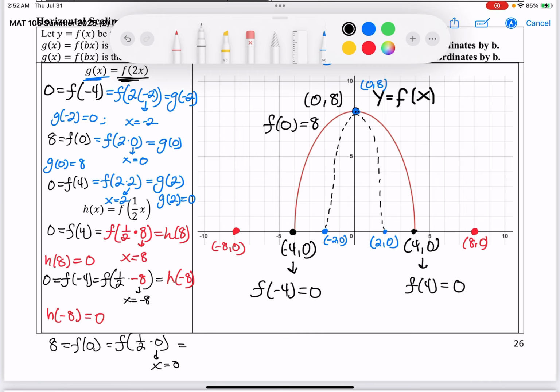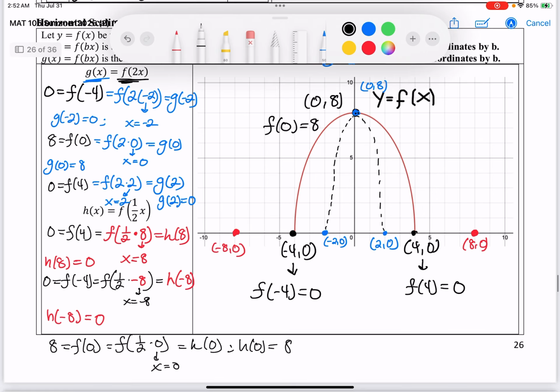So f of 1/2 times 0 is the same as h of 0, which means h of 0 equals 8. And nothing changes. That's still the coordinate of 0, 8. So I'll put that in red as well. Put that up there. And we'll sketch that function.